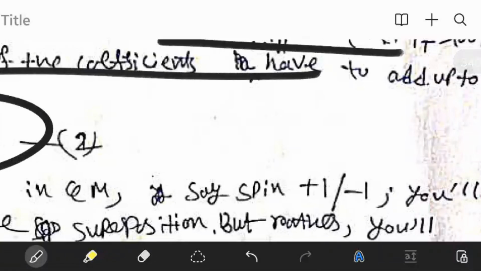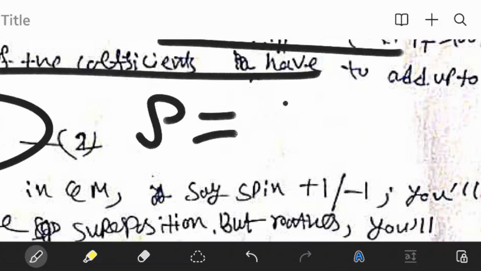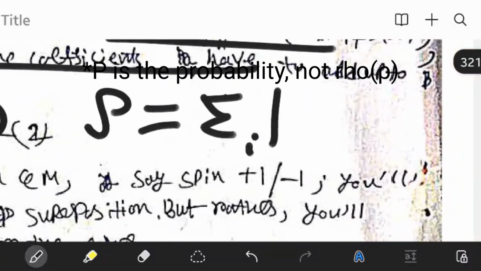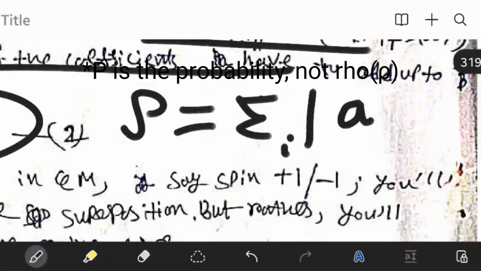It can be described in another way. We can say the probability for a quantum system is equal to the summation over i of the mod square of a_i.